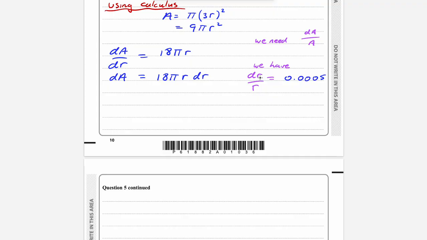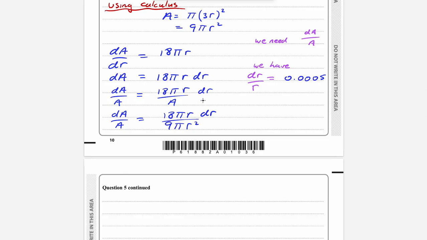And we have dr over r. And I want dA over A. So if I divide both sides by A, dA over A equals 18 pi r dr over A. Now this original A was 9 pi r squared.